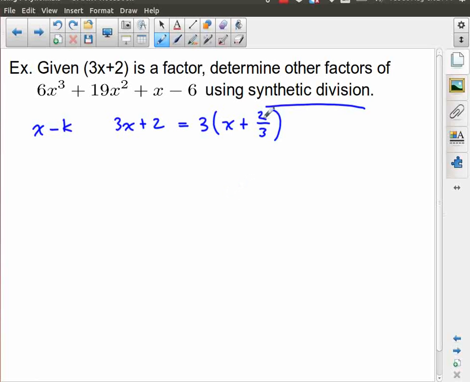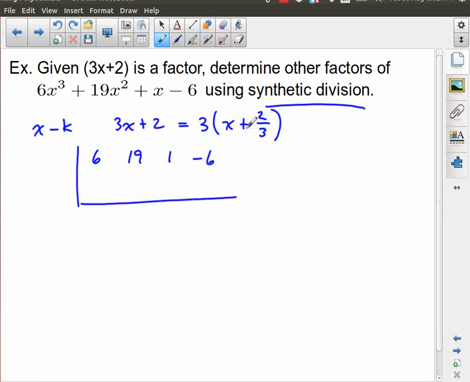Now, we're going to be doing our work with 2/3 here, and I know how thrilled many of you will be with the idea of having to do fractional arithmetic. If you did long division here, you don't have to make this change. You can just work with 3x plus 2. So there's a bit of a selling feature there. Okay, now let's take a look. I've got an x cubed, squared, to the power 1 and to the power 0. So I don't have to add any terms. I don't have to put in any 0 terms. So I can just go ahead and write 6, 19, 1, and negative 6.